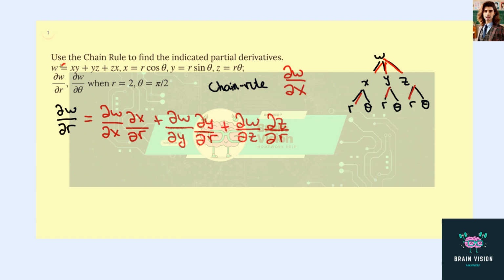So using this equation over here, that'll be Y plus Z. Derivative of X with respect to R, that's just cosine.